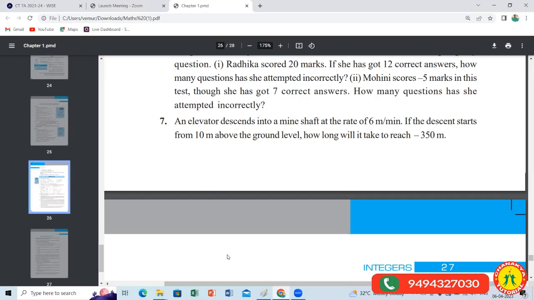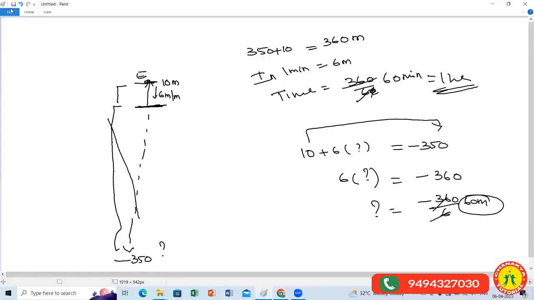Anubhav, suppose you know what an elevator means. It's like a lift, beta. So the lift is right now 10 meters above. This is the ground level position. This is 10 meters above.